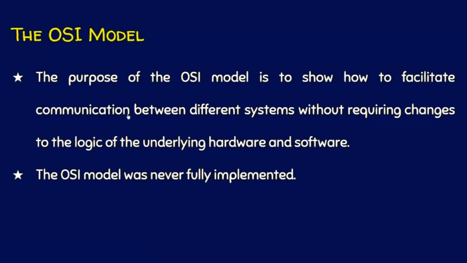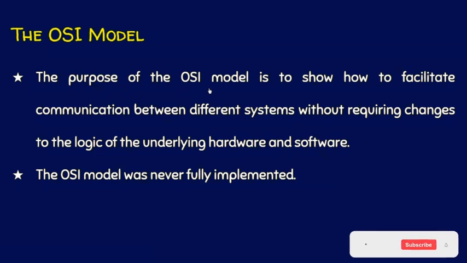So the communication between different systems should be facilitated without requiring changes to the logic of the underlying hardware and software. If two different architectures, one using Motorola architecture and another using Intel architecture, it should not be a problem for computer communication. Irrespective of hardware and software, the computer communication should happen between different systems. And that is the purpose of this OSI model.